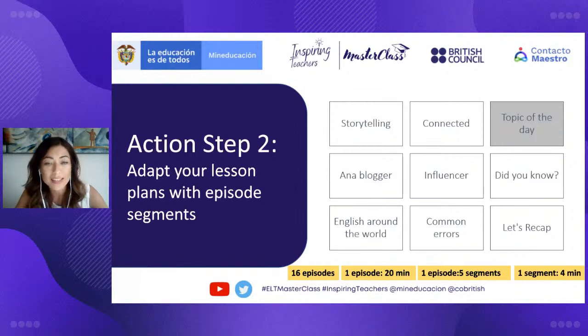And during class, I can actually spend more time practicing. I can actually allow my students to ask more questions, to engage in different tasks or in projects, right? So our invitation for action step number 2 is to use segments instead of a full episode.